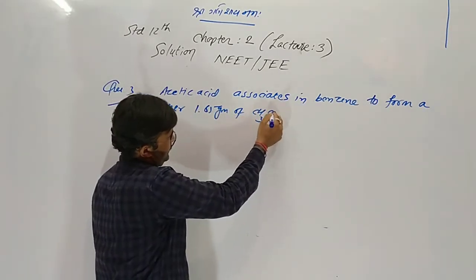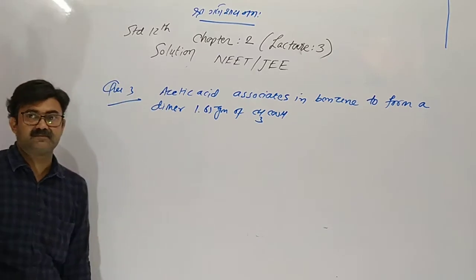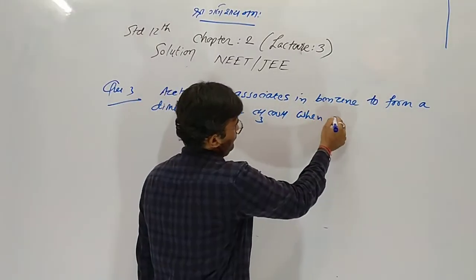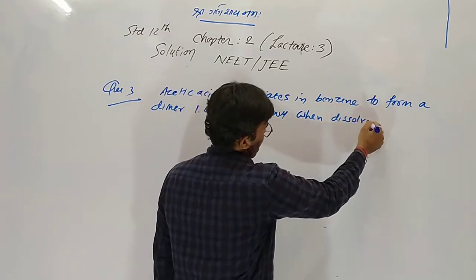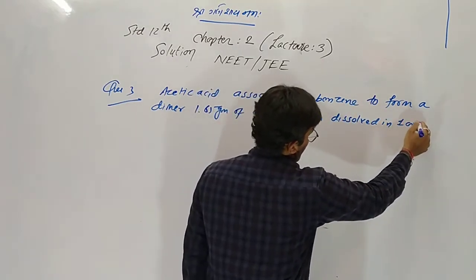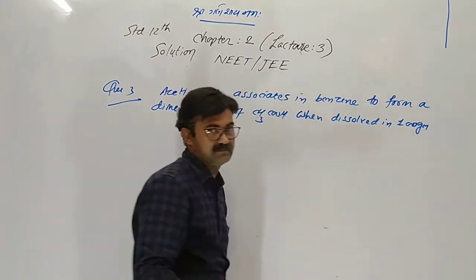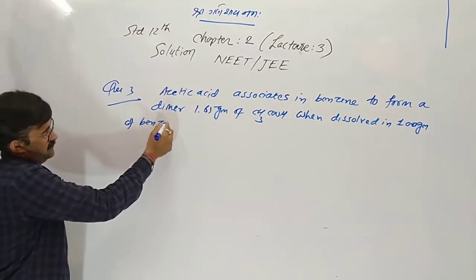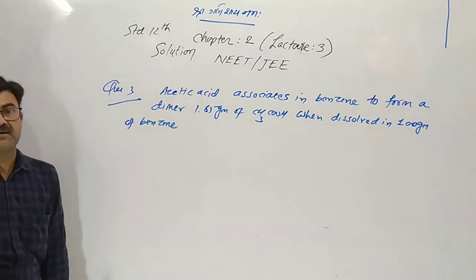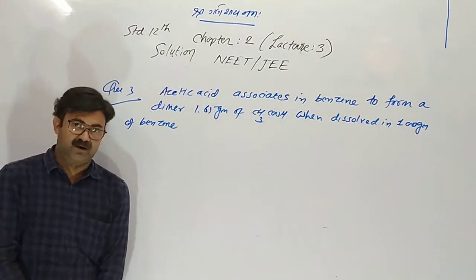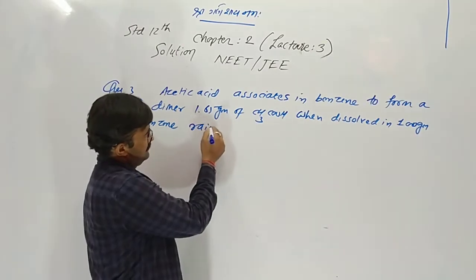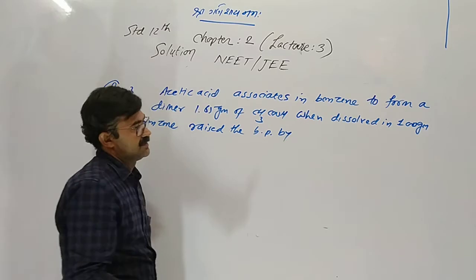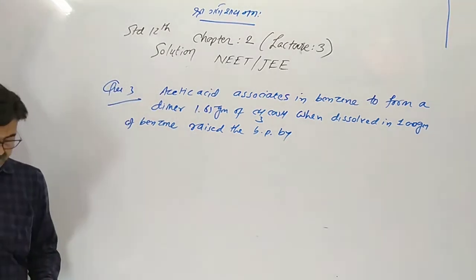of acetic acid when dissolved in 100 gram of benzene raises the boiling point by 0.36 degree.